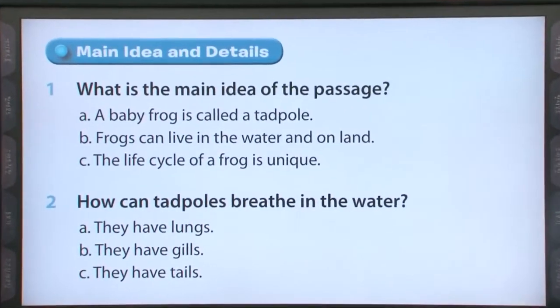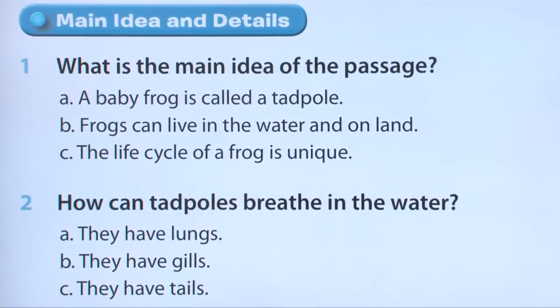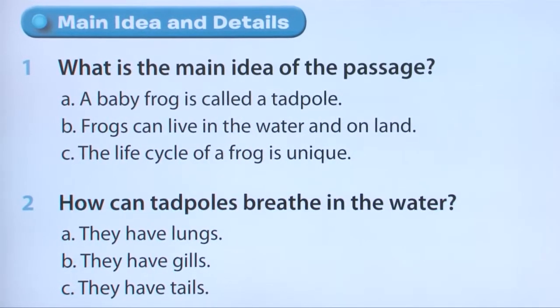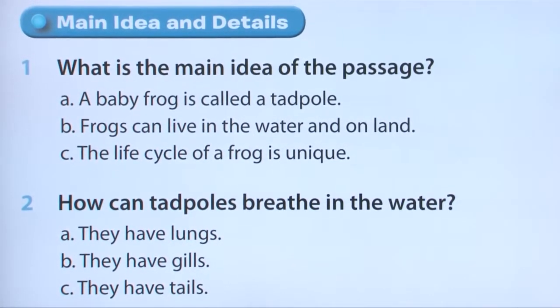First, main idea and details. Number 1, what is the main idea of the passage? Is it A, a baby frog is called a tadpole, B, frogs can live in the water and on land, or C, the life cycle of a frog is unique?